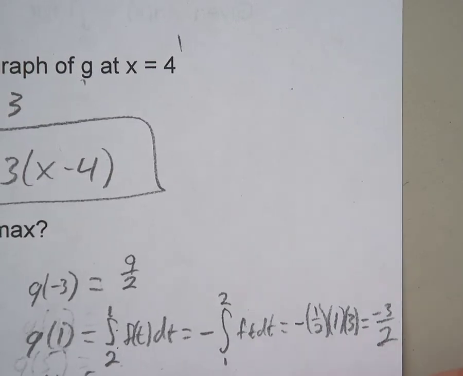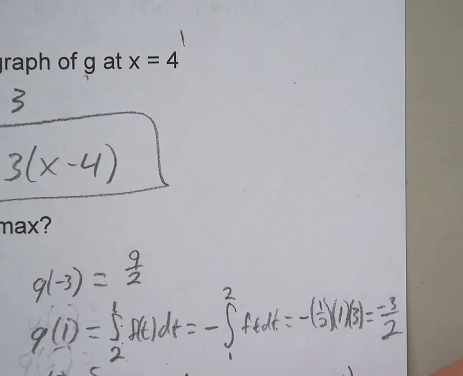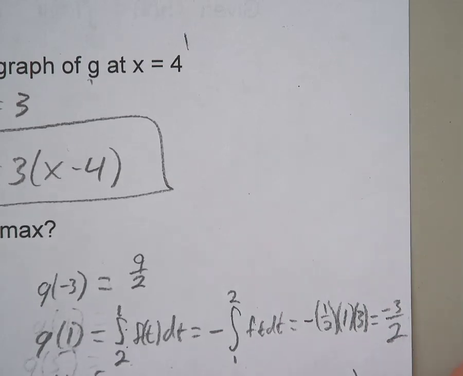Plus, and then my triangle, 1/2. From 3 to 5, it's going to be a base of 2 times the height. 1, 2, 3, 4, 5, 6. Okay. 2.5 will cancel. I've got 9/2 plus 6. So 9/2 plus 12/2 is 21/2.